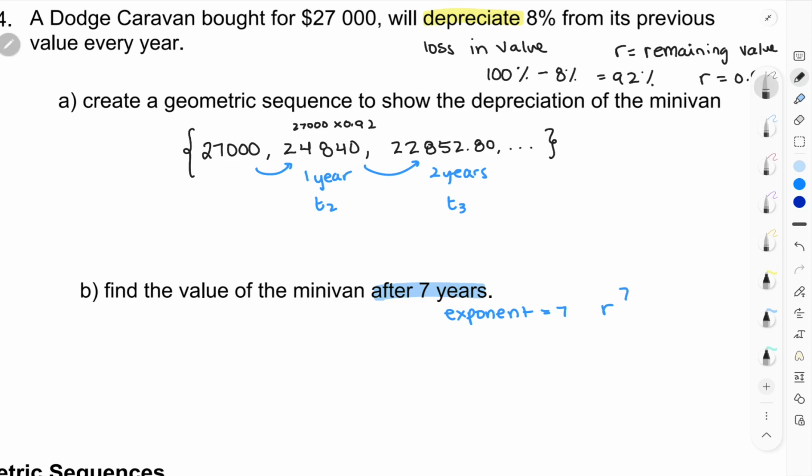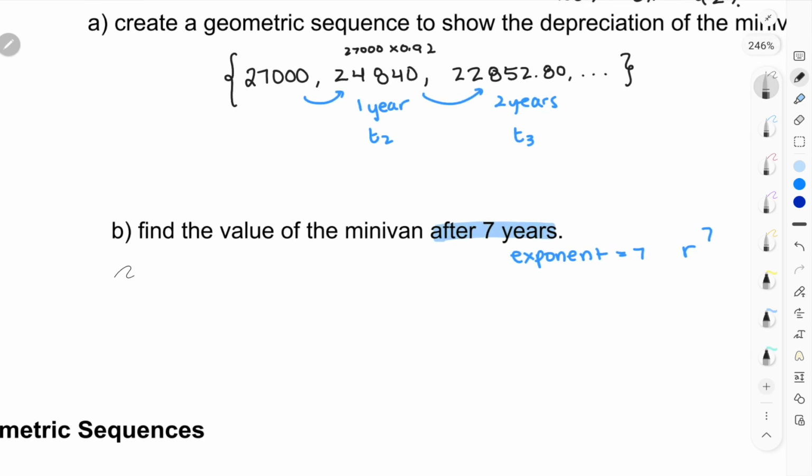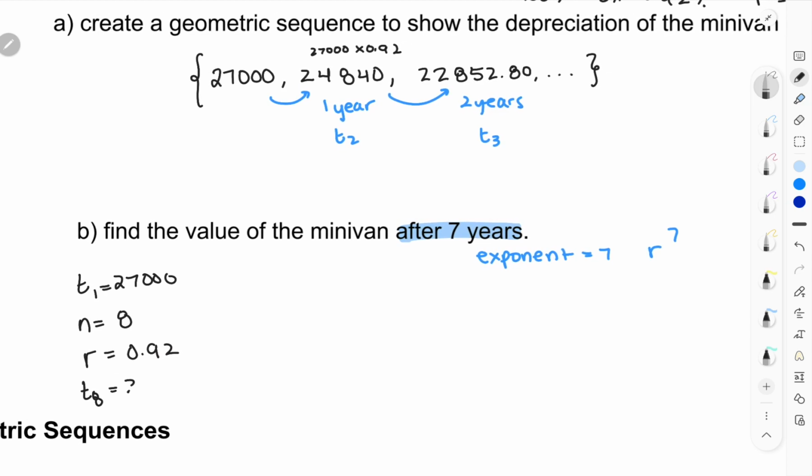So when I go to set up my equation, my first term is 27,000. I'm going to be looking at 8 terms because I'm including year 0. It's like that idea of being inclusive of zeros. R is 0.92. I'm finding the value of the 8th term, which is 7 years of depreciation.